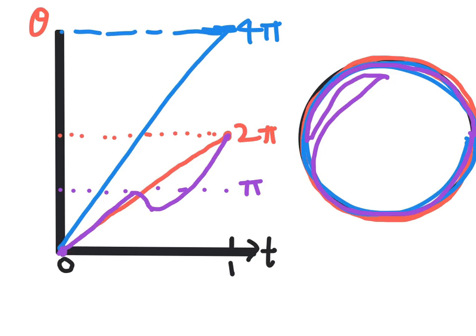What I need to show is that if two loops have an angle function that starts at, say, 0, 0 and ends at 1, 2 pi n for an integer n, and that's the same integer for the two different loops, then those two loops are homotopic. And I need to show that if I have two homotopic loops, then the angle functions they define start and end at the same points. In other words, they start at 0, 0 and end at 1, 2 pi n for the same integer n.